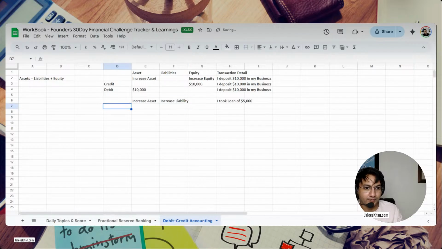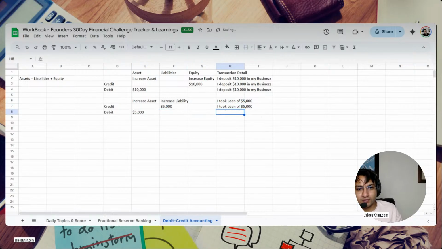And as per the recording, I would say this money comes from here. That's the starting point of the transaction. So I have to record this 5,000 under the liabilities, but with respect to the credit, because that $5,000 source is the liability, and where it landed is under the asset.